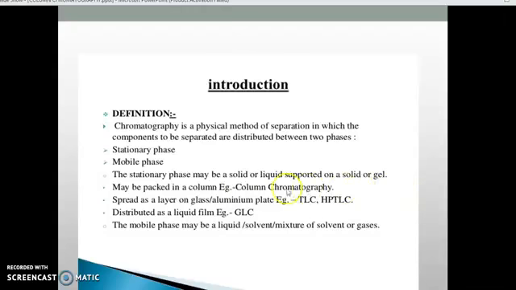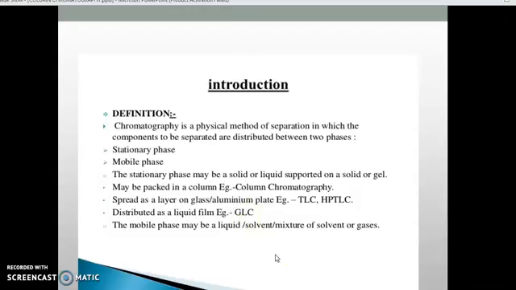It can be any form of stationary phase, but for packing the column we just need a simple glass column, which is transparent so you can easily see the distribution of the different components. The separating layer may be on a plate or a glass, which we call TLC or HPTLC, that is thin layer chromatography or high performance thin layer chromatography. In some cases a gas may be the mobile phase and a liquid film the stationary phase.